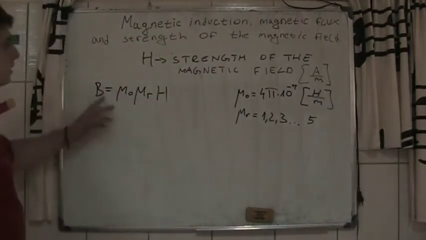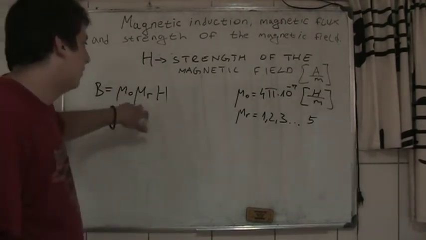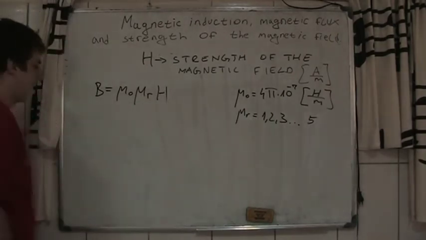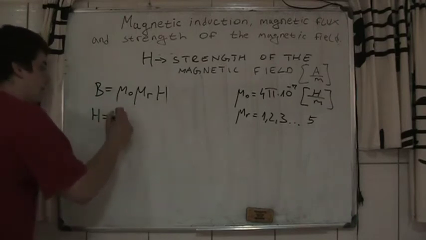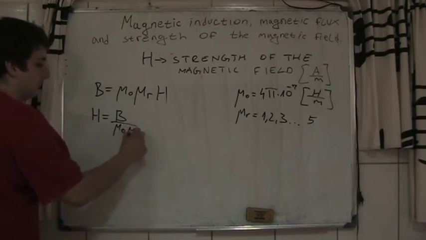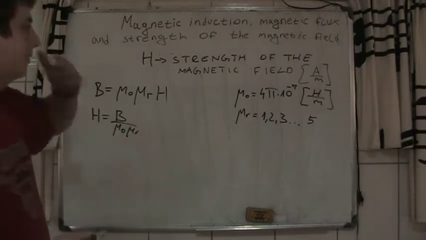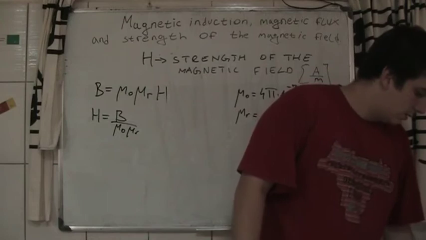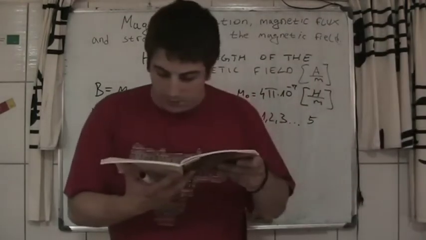So this is the relationship: the magnetic induction is mu 0 times mu r times the strength of the magnetic field. So you can see that H, the strength of the magnetic field, is the magnetic induction divided by the permeability of the vacuum and the relative permeability of the space.